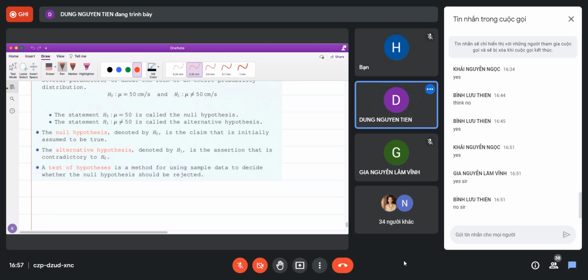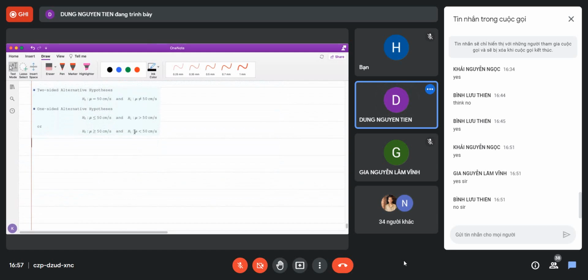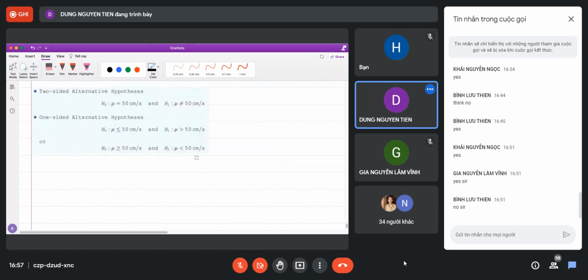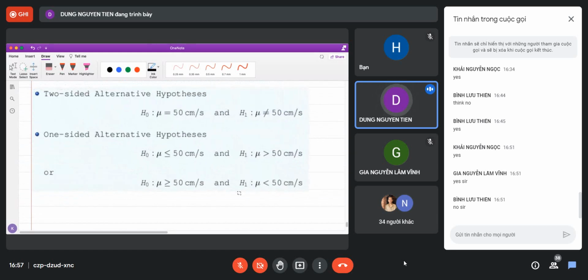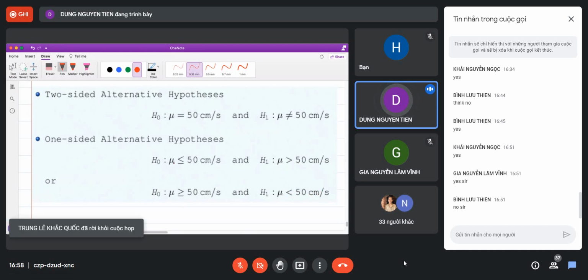Now, over here, we have several kinds of alternative hypothesis. We get a one-sided alternative hypothesis, in which the velocity is greater than 50 centimeters per second, or it could be the velocity is less than 50 centimeters per second. If H1 is that the mean is greater than 50, then H0 is that the mean is less than or equal to 50.